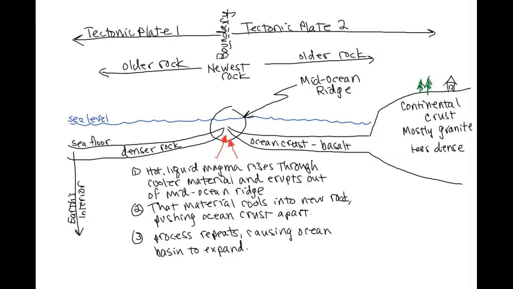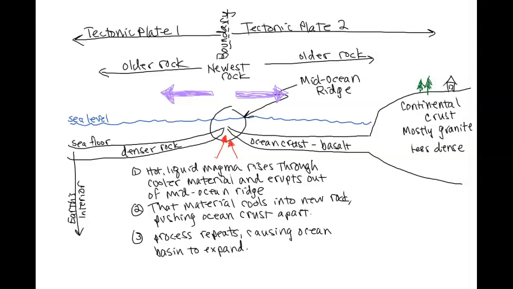So we're going to add, let's use purple, some big arrows to emphasize what motion is happening at this boundary. So these plates are moving away from one another. And the fancy word for moving apart that we use is divergent.